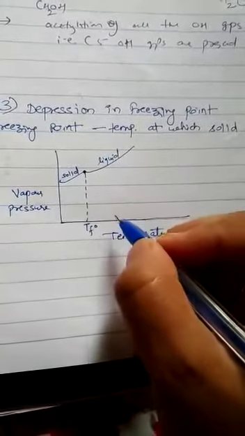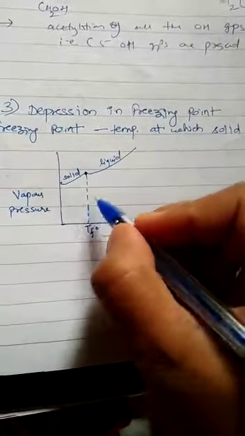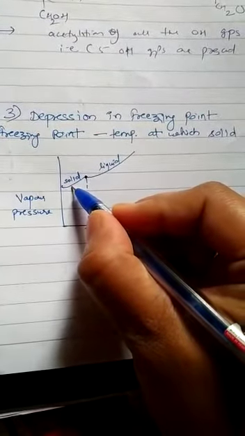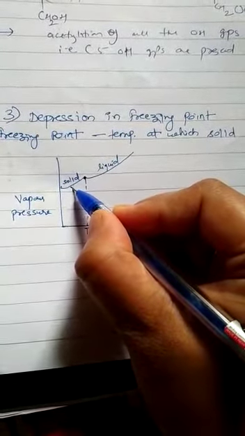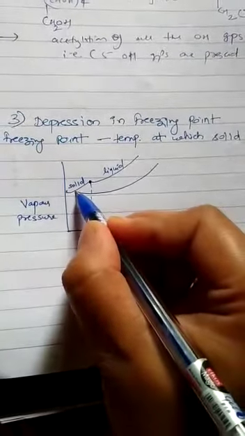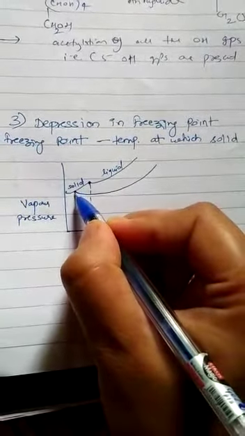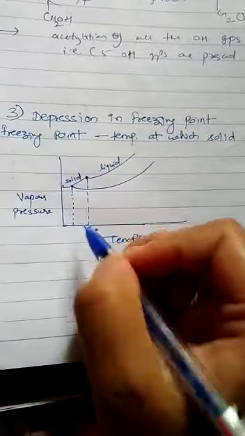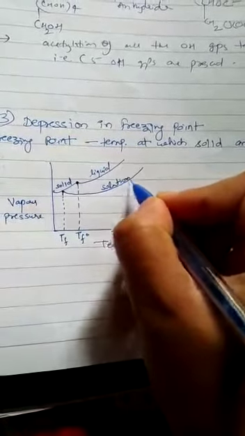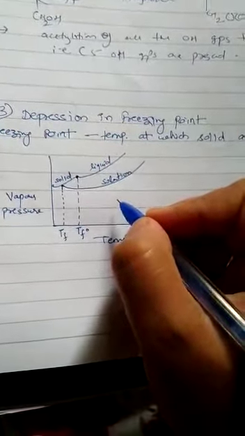Now, on adding the non-volatile solute, what will be the curve? The curve will be like this. And here this point will be the Tf, that is the freezing point of the solution on adding the non-volatile solute.